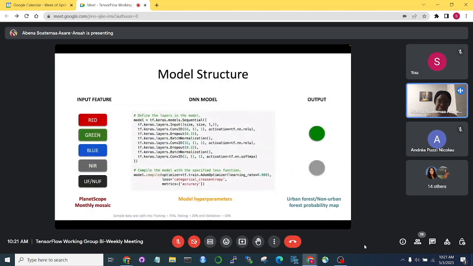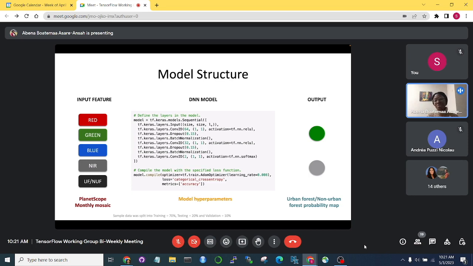So this is just a short diagram that shows the structure of the model and how everything was done in Google Colab. I had my input features, so for each of the points, I had red, green, blue, near infrared, and a label to show whether it's a forest or non-forest label.